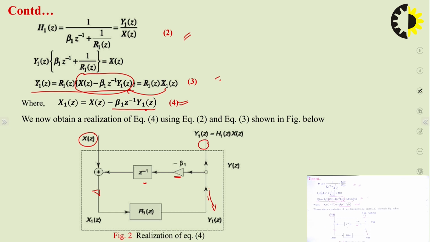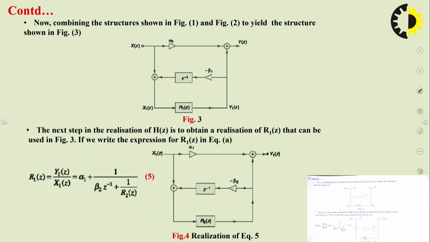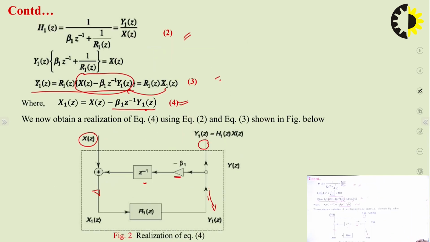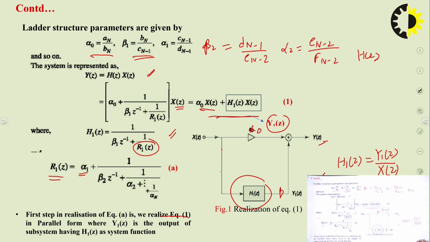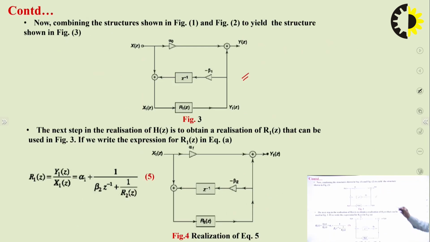When you replace it with the complete structure, you have your new structure like this. So now combining the structures shown in figure 1 and figure 2 yields the structure shown in figure 3. The amended structure is like this, where in place of H1(z), you now have the term R1(z).